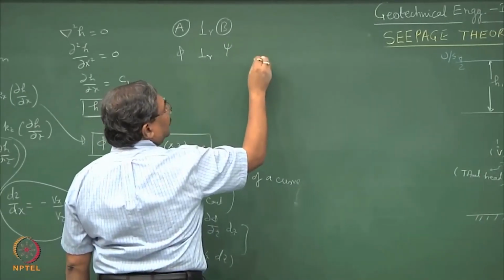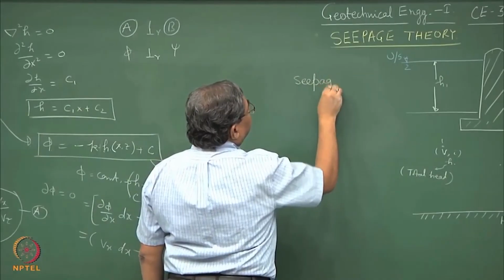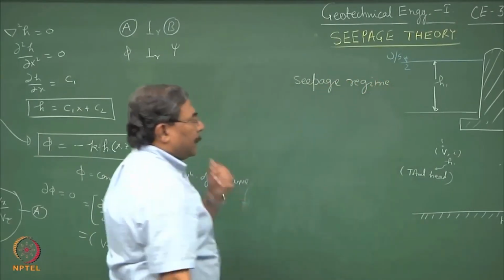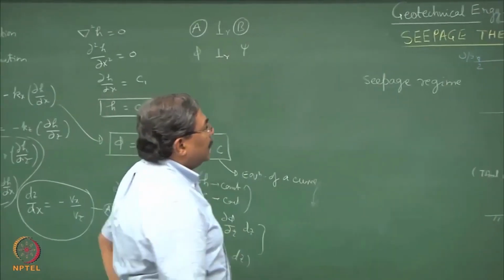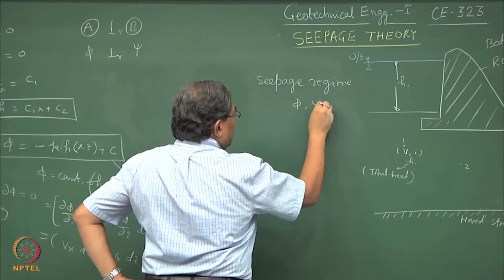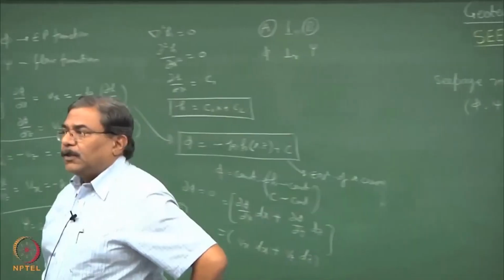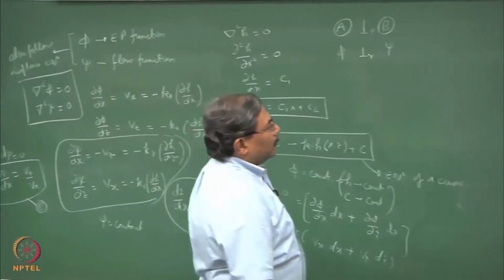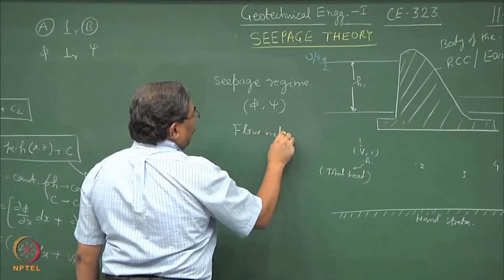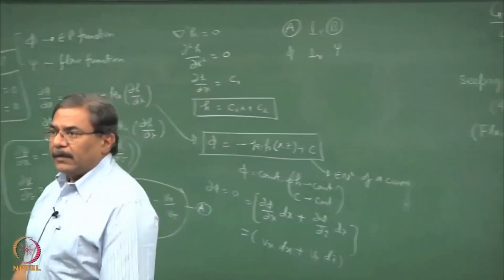We call this the seepage regime, and the seepage regime is defined by phi and psi functions, and this is also known as the flow net. Clear?